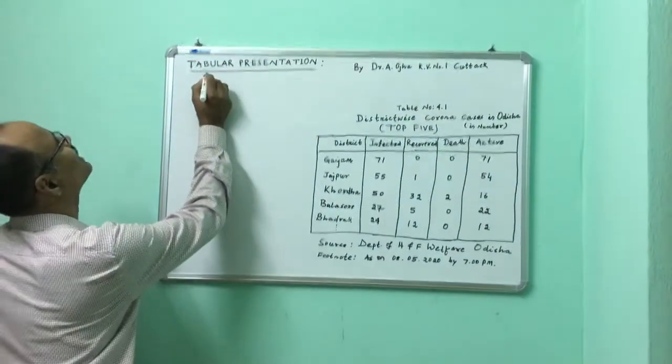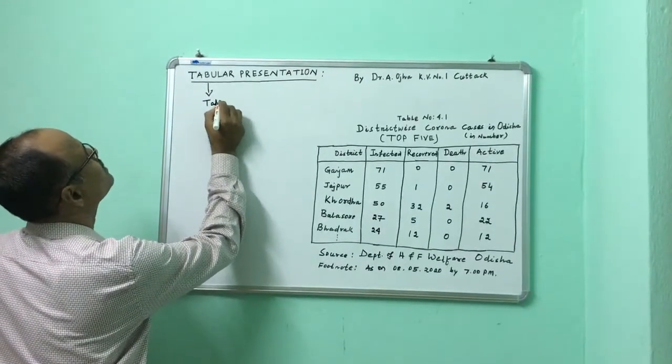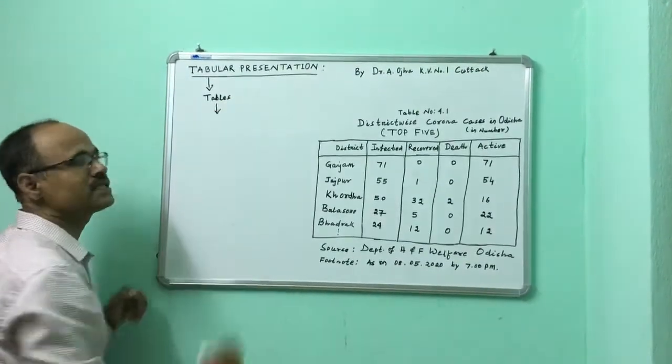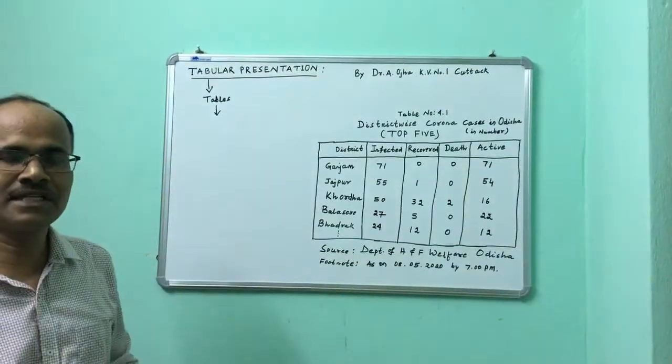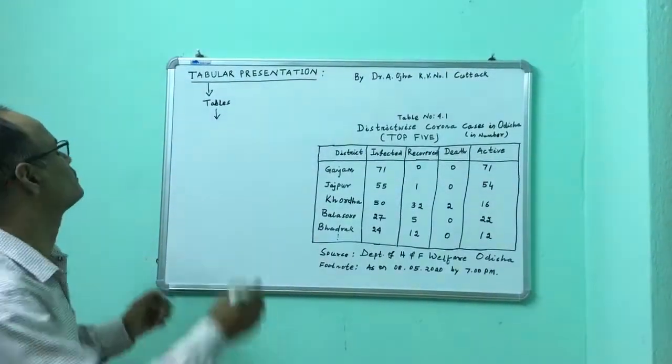Tabular means in terms of tables. This table is known as a statistical table. What about a statistical table? A statistical table means arrangement of data in rows and columns.